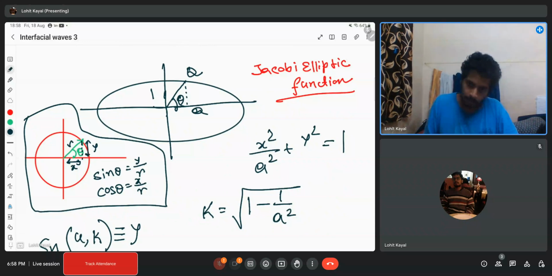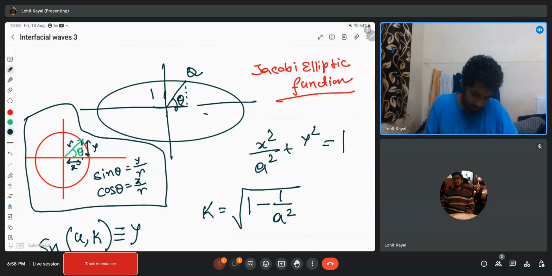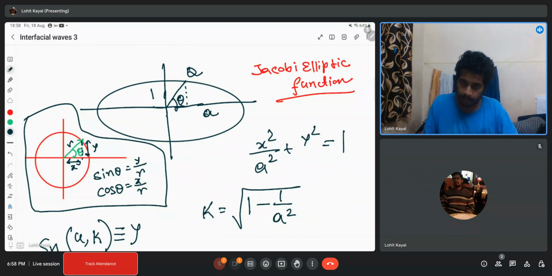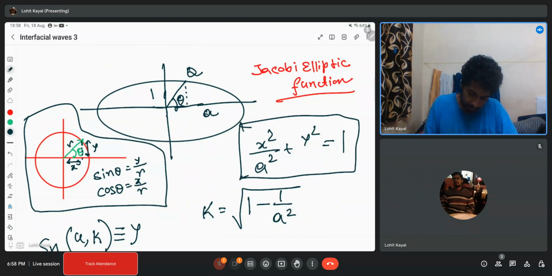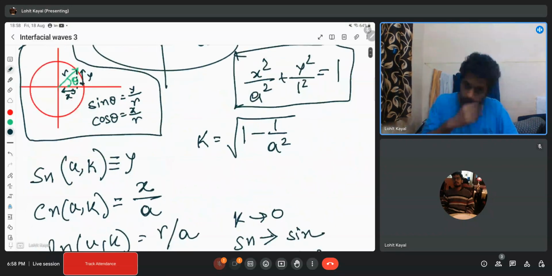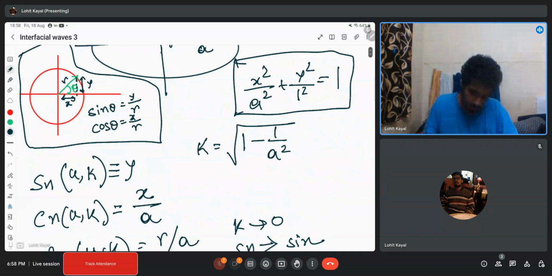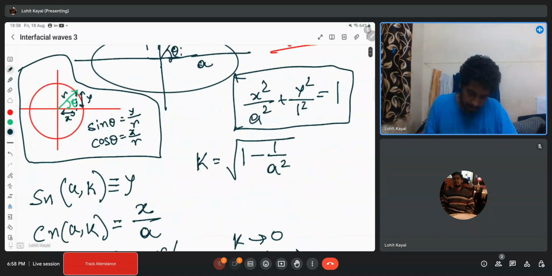Suppose this is your ellipse. It has a major axis of length a and a minor axis of length 1. The equation of the ellipse is x squared over a squared plus y squared over 1 squared equals 1. And from your school level course, you know this is the eccentricity: k equals square root of 1 minus 1 over a squared.